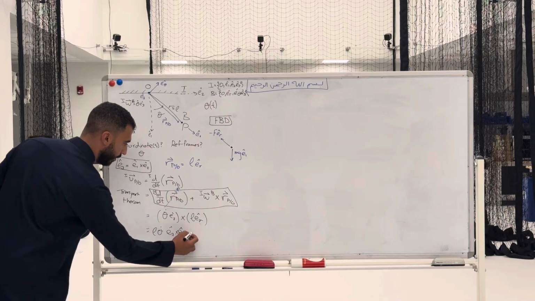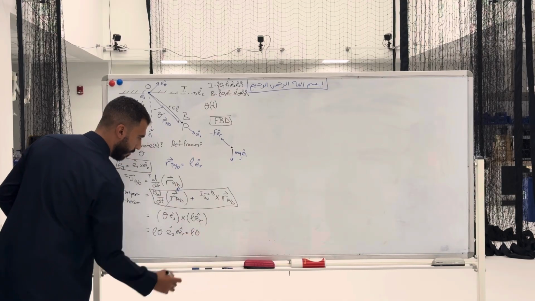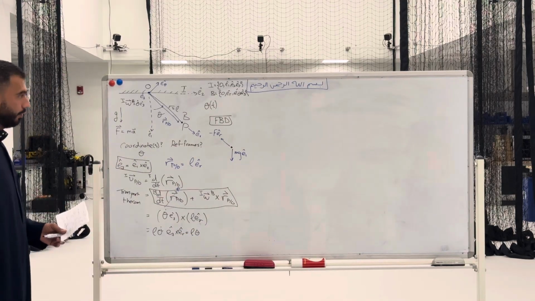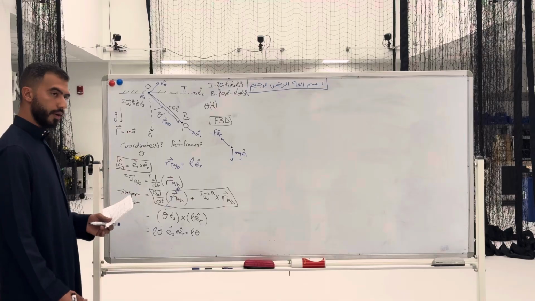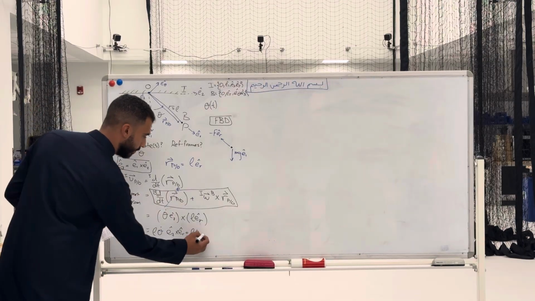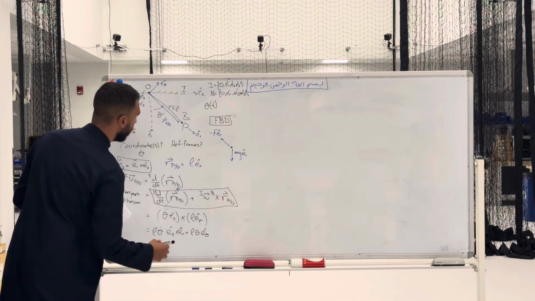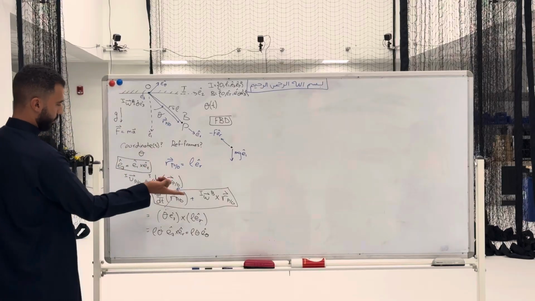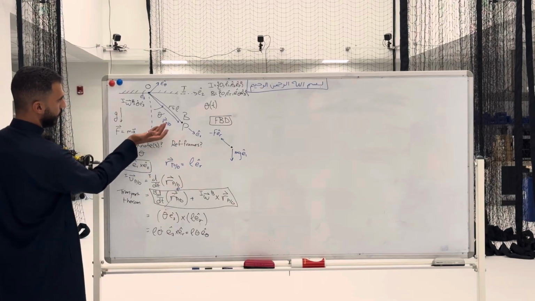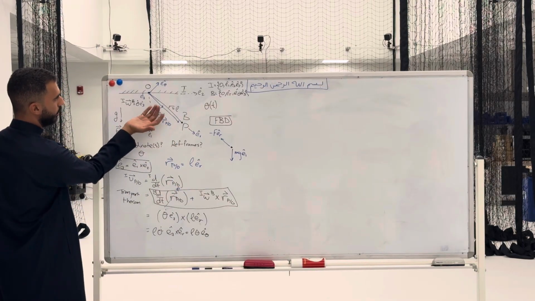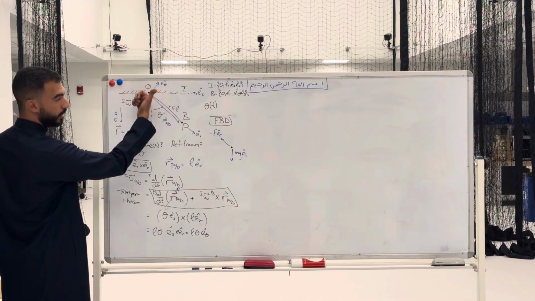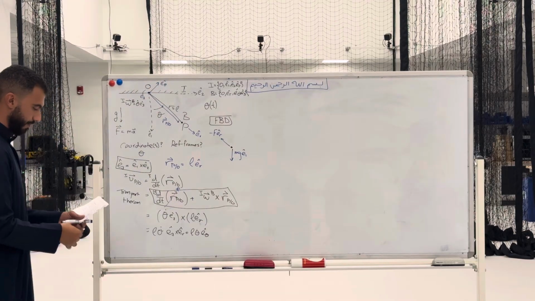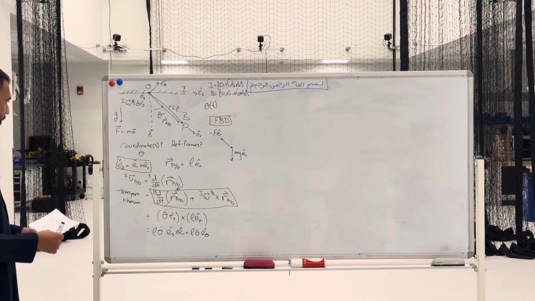What do we get here? E theta. So ER with E3, yes, E theta. So now we have the velocity.